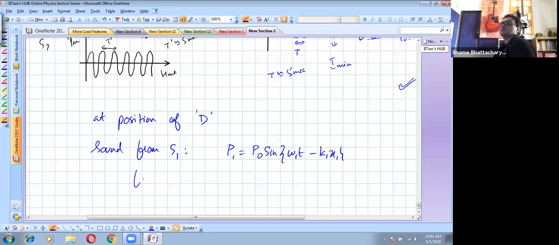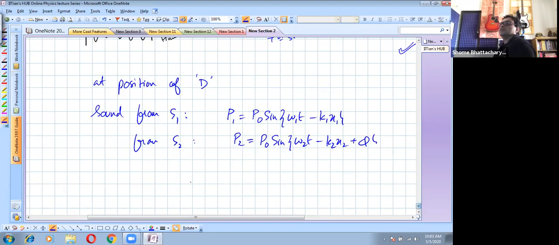And from source S2, it is something like this, plus even some phase difference.